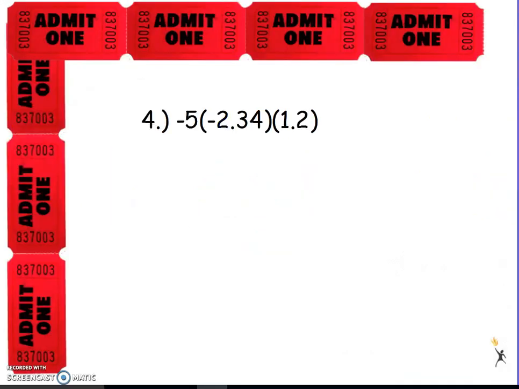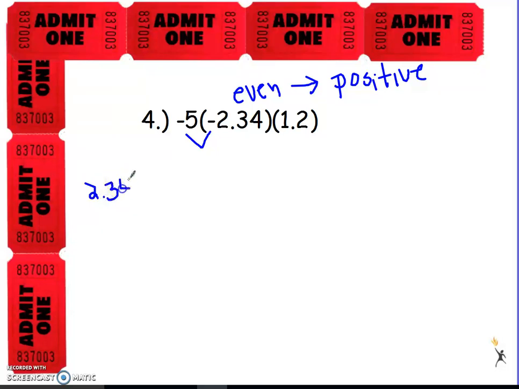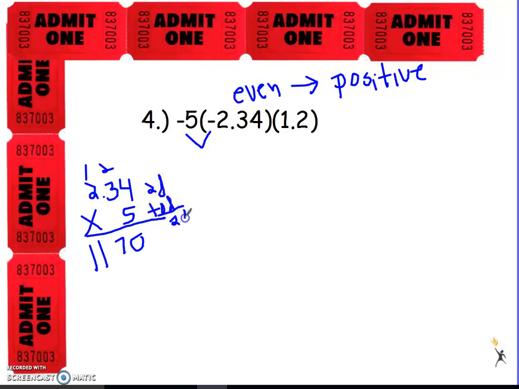Okay, last one, number 4. There's an even amount of signs, so it is positive. We can also do it like this. 2.34 times 5. 5 times 4 is 20. 5 times 3 is 15, plus 2 is 17. 5 times 2 is 10, plus 1 is 11. 2 decimal places plus 0 is 2.